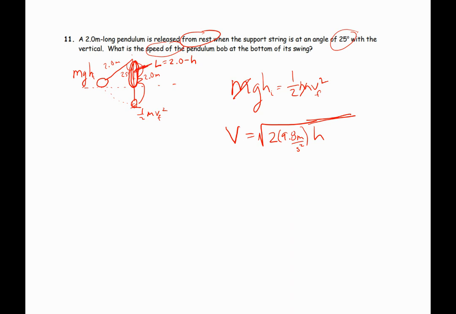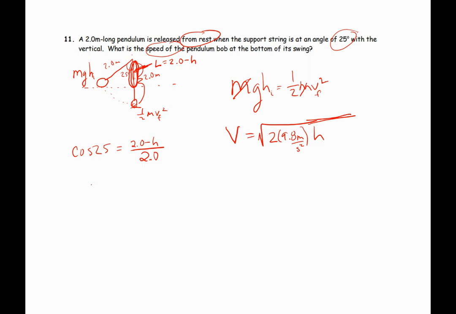Okay, so what I can do is I know that length right there is cosine 25. So I know cosine 25 is equal to adjacent, which is going to be 2.0 minus h divided by hypotenuse, 2.0.